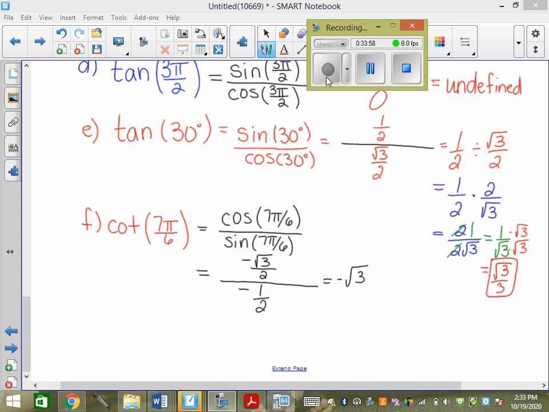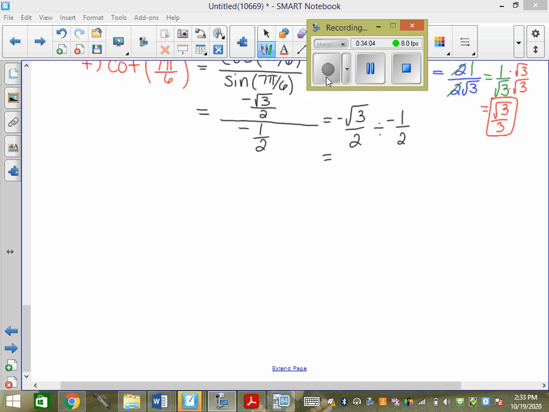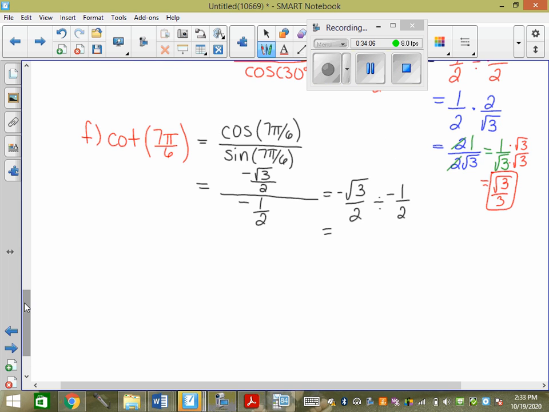Negative root 3 over 2 divided by negative 1/2 equals negative root 3 over 2 times negative 2 over 1, or negative 1 over 2, 2 over negative 1 doesn't really matter. Negative times a negative actually makes it a positive, so I get 2 root 3 over 2, the 2's cancel, and I get root 3.